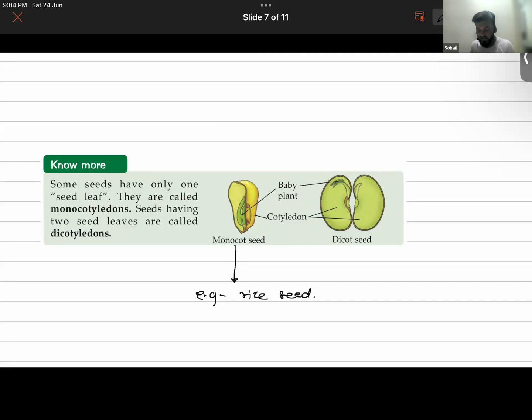Can we split a rice seed into two just by our hands, as easily as a gram or chana seed? It has only one cotyledon. That's why we call it monocotyledon. Mono means one here. Remember this.